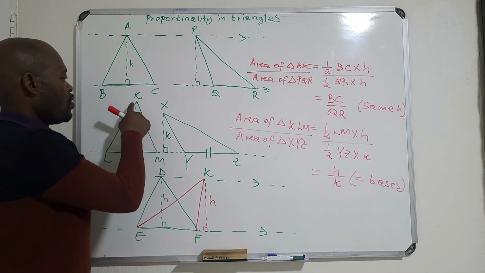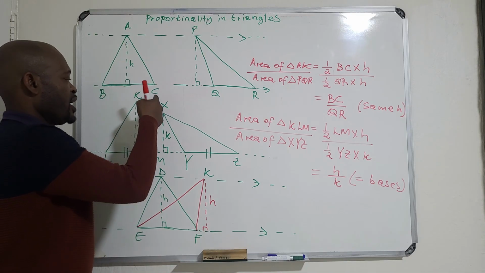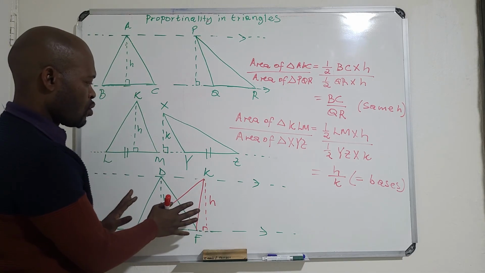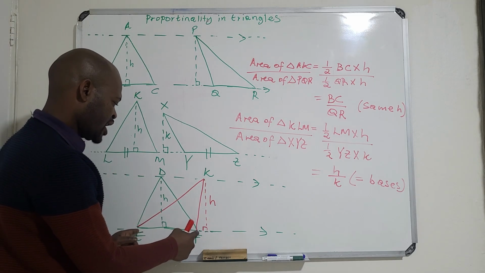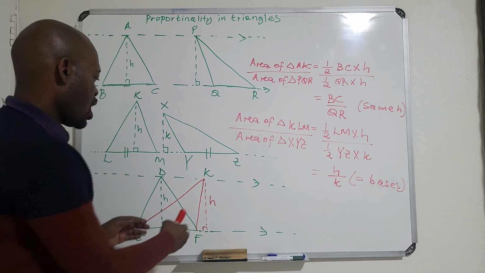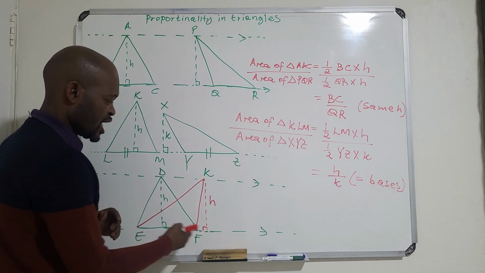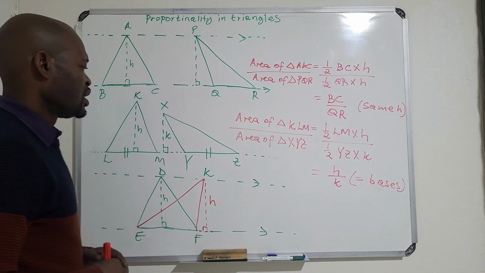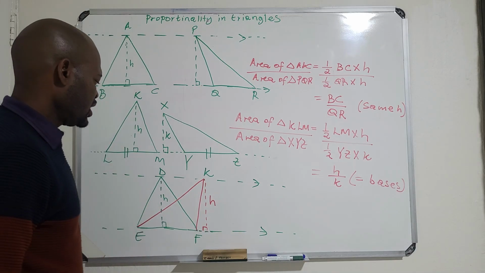Therefore, the area of this over the area of that is going to be equal to this height over that height. Now, when two triangles have the same base and the same height, then their areas are equal. Let's see what we mean by that.